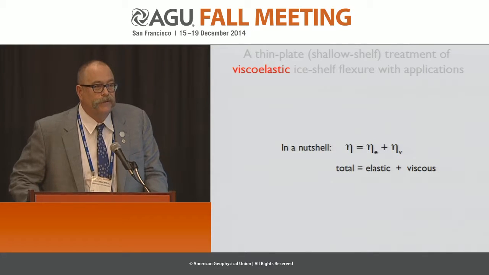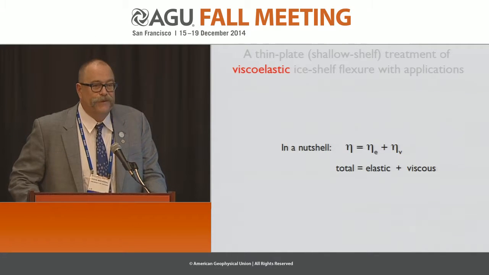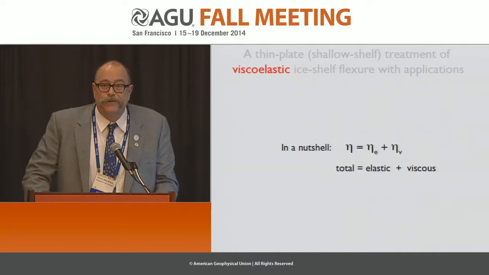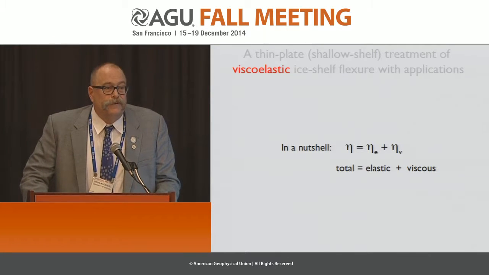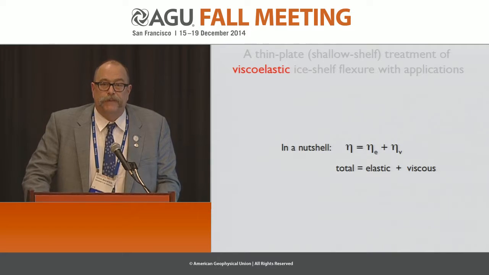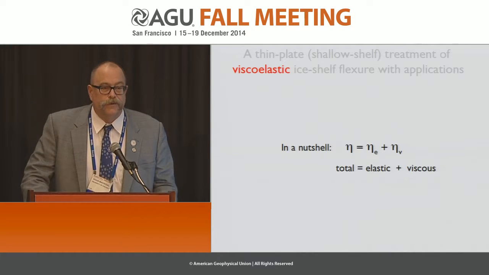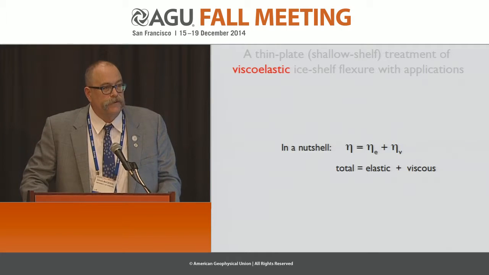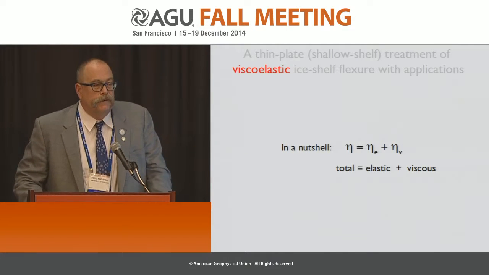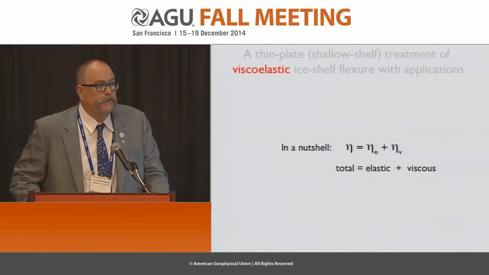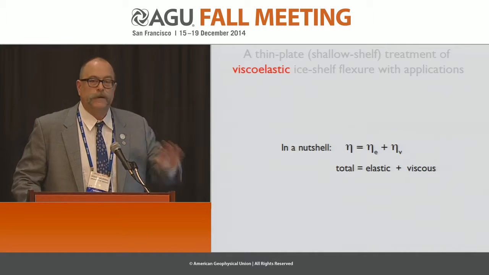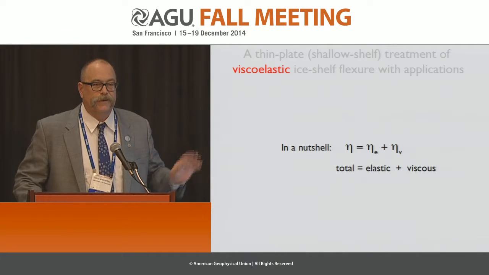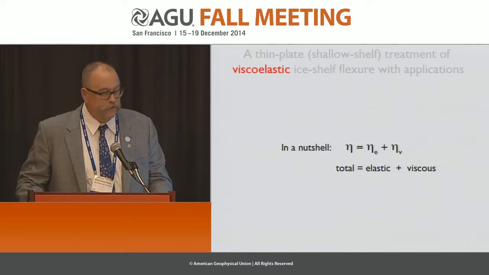Either you say the total vertical displacement is the sum of an elastic and a viscous component, or you say that the total bending moment, being the vertical integral of the stresses that are appropriate to driving flexure, is the sum of an elastic and viscous part. But that's not right for ice shelves. And of course you can have combinations of the two.